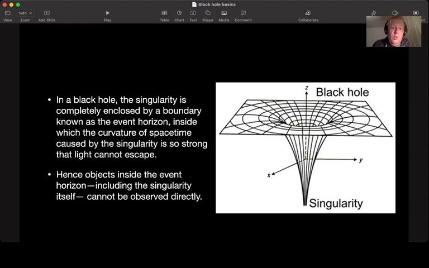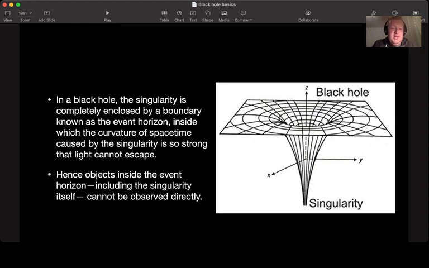In a black hole, the singularity is completely enclosed by a boundary known as the event horizon, inside which the curvature of space-time caused by the singularity is so strong that light cannot escape, as I mentioned earlier.